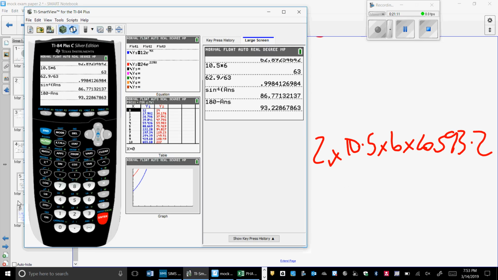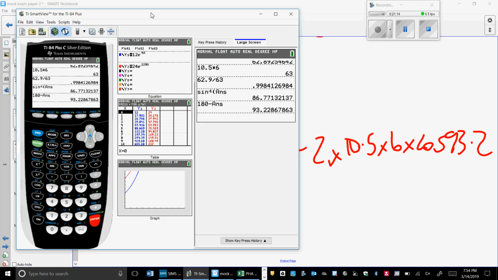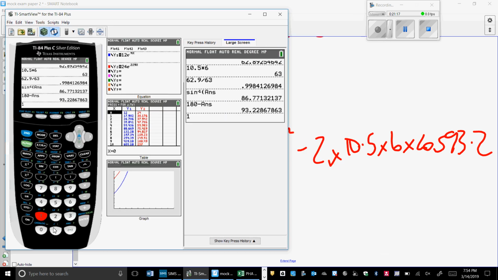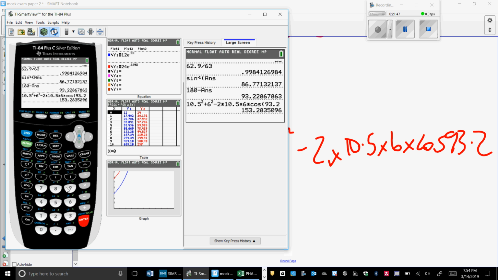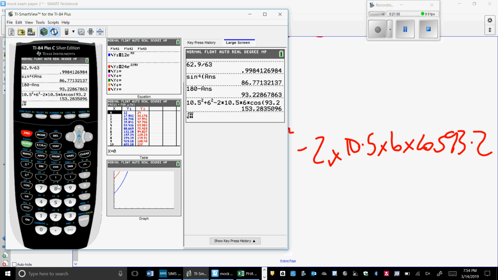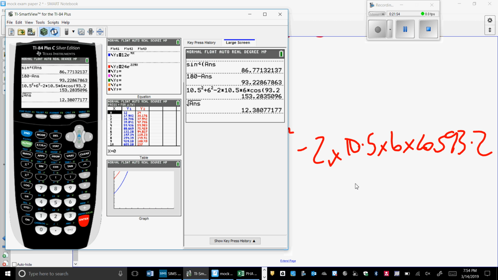Chuck that in the square root here. So we get 12.4.